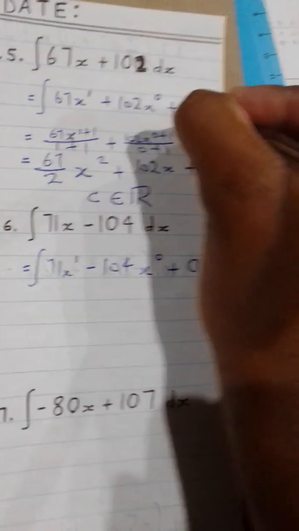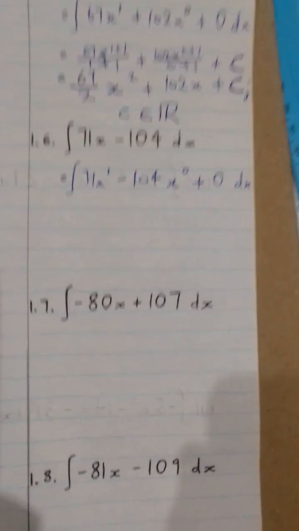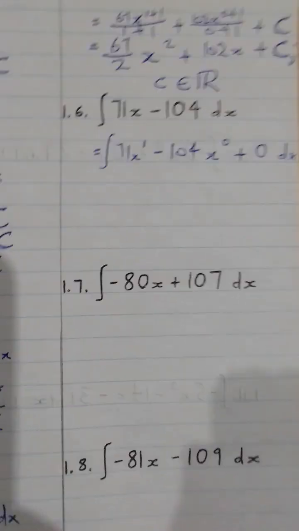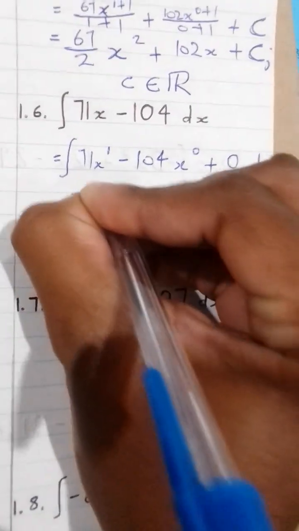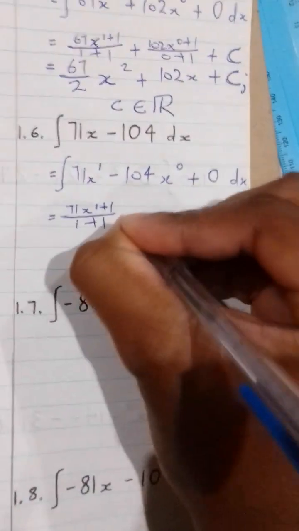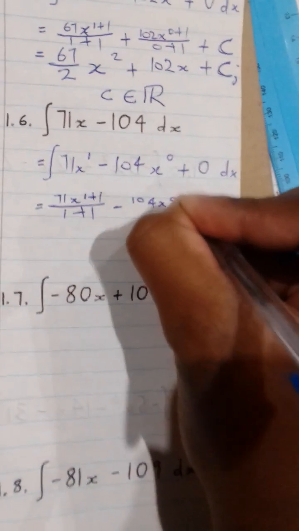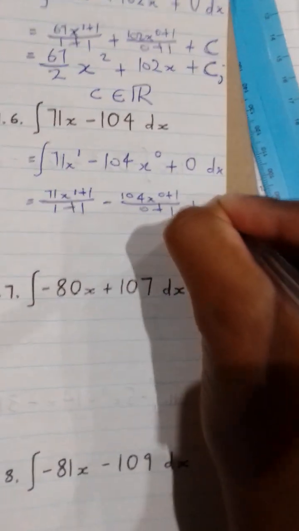Don't leave the dx, because once you drop the integral, it means you are integrating, and you also drop this. So this is going to be 71x to the power of 1 plus 1 over 1 plus 1 minus 104x to the power of 0 plus 1 over 0 plus 1 plus c.